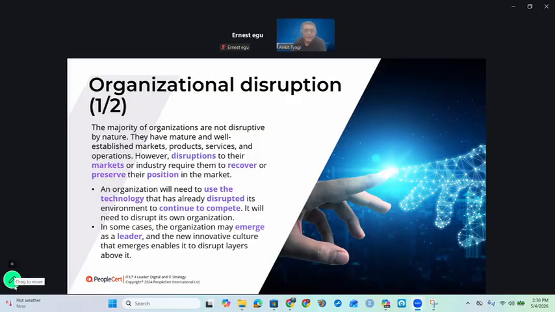They say in some cases, the organization may emerge as a leader and a new innovative culture emerges that enables it to disrupt the layers above it. So again, like I said, two different attitudes or two different cultures of the organization. One organization which likes to respond to the disruptions, and another organization which likes to be a disruptor. They would innovate themselves.